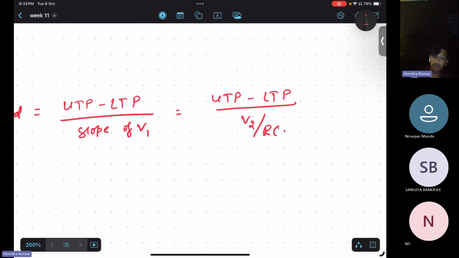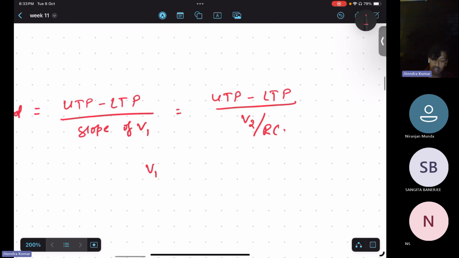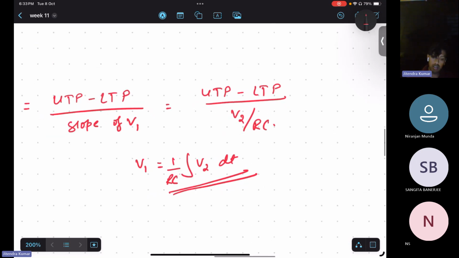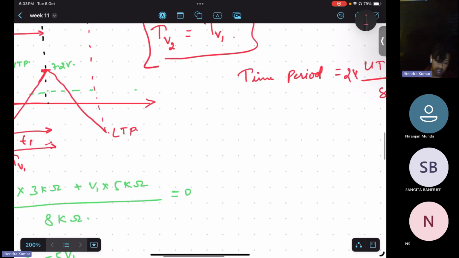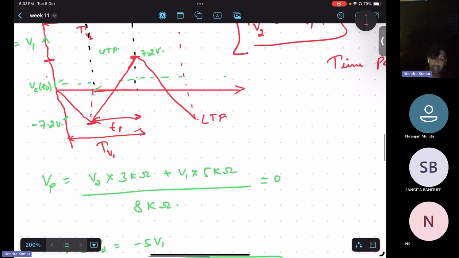Why am I writing slope of V1 is equal to V2 by RC? If you are not able to get it, recall that V1 is equal to nothing but 1 by RC integral of V2 dt. From here you can see that the slope is 1 by RC or V2 by RC. So the time period is equal to 2 into this width T1, right?